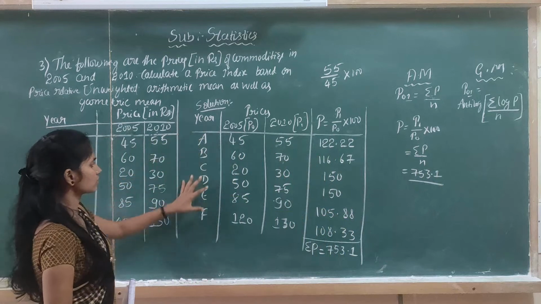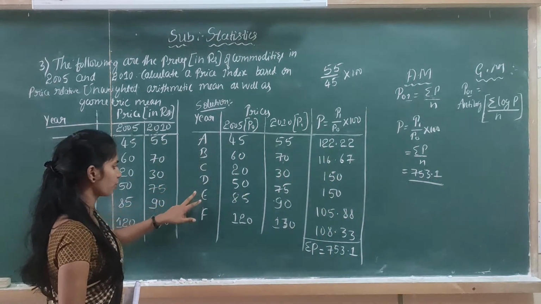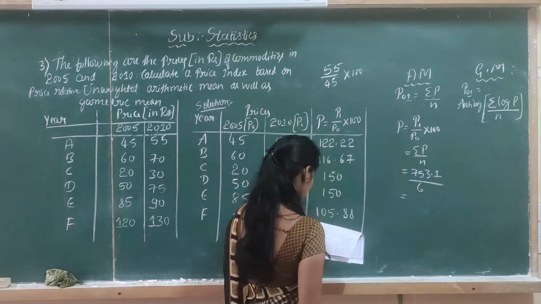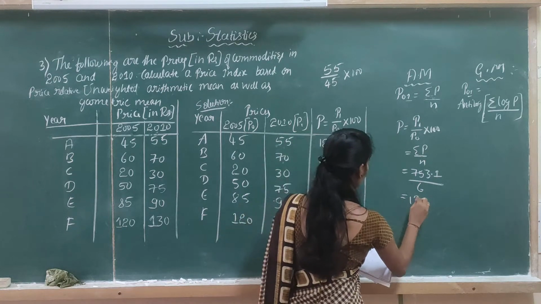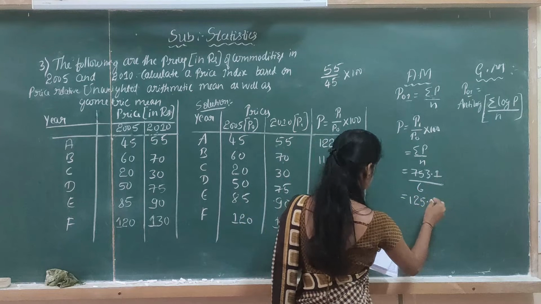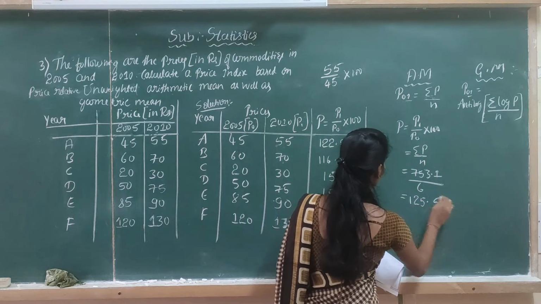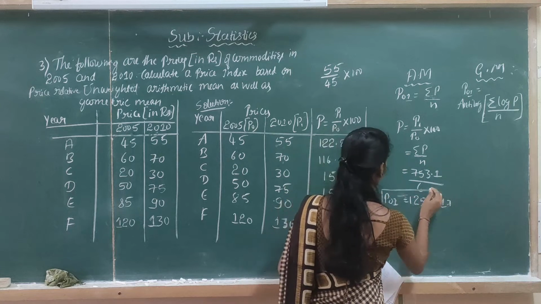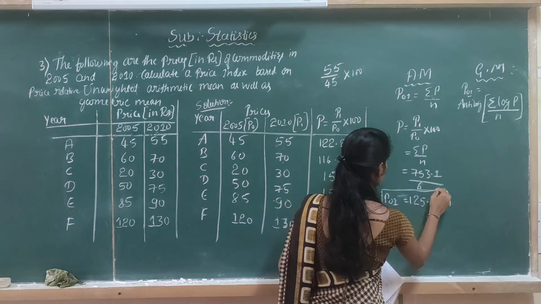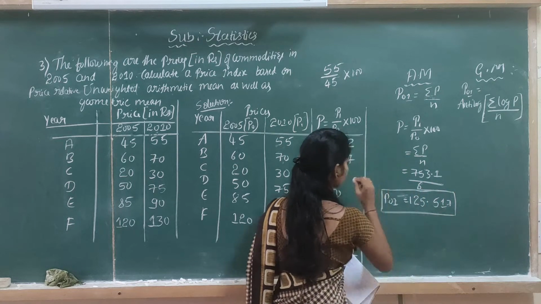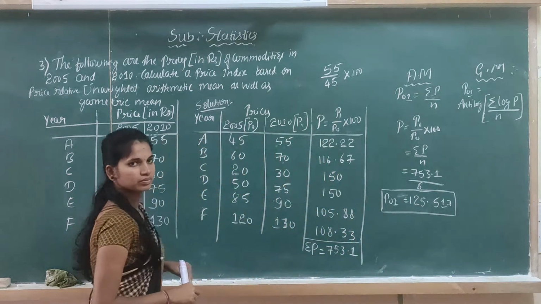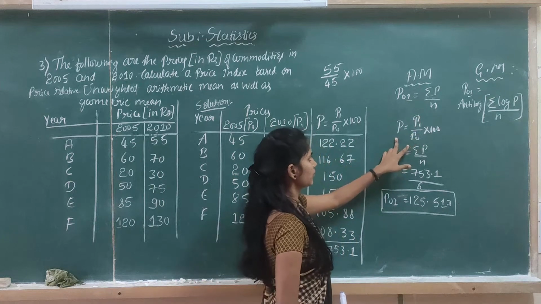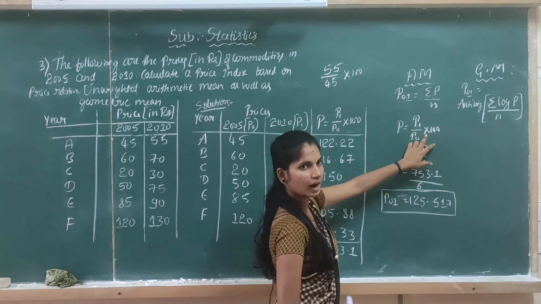How many years are given? 1, 2, 3, 4, 5, 6. So divided by 6, the answer is 125.517. This is the arithmetic mean value, the simple arithmetic mean value. Here, summation P divided by N, where P equals P1 divided by P0 into 100.